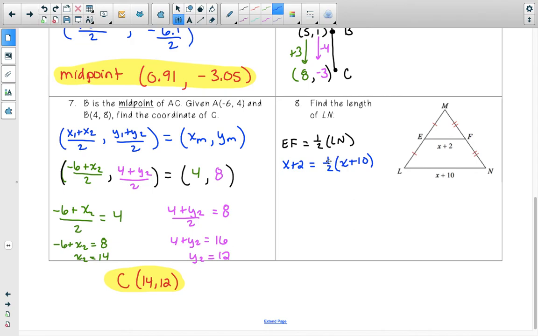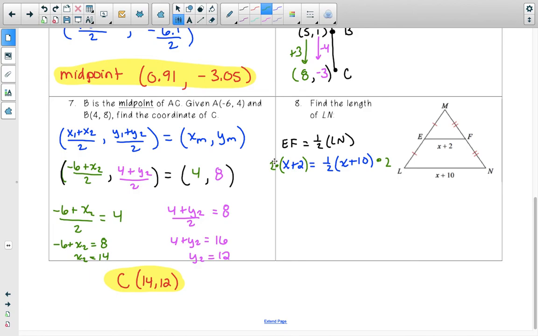I do not want to distribute the 1/2 because I'll still have a fraction. So instead, I'll multiply by the reciprocal on both sides. So when I multiply, I want to multiply all of this, in parentheses, by the reciprocal of 1/2, which is 2. So I'll multiply both sides by 2.